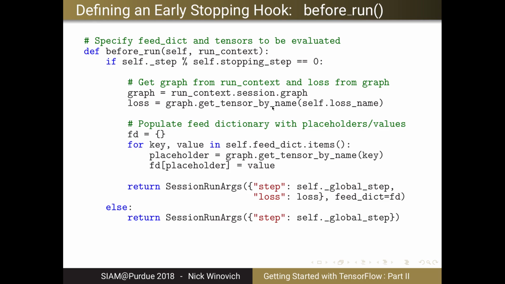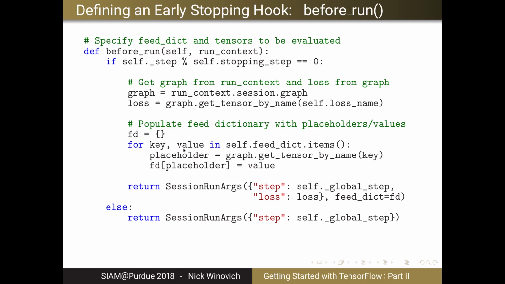And I'll define, if necessary, a feed dictionary. This will just basically, again, similar to unpacking the flags for a model, go through and set the placeholders, or retrieve the placeholder tensors, and populate the dictionary. So it's just a little technical, not always needed, but in some cases it is.